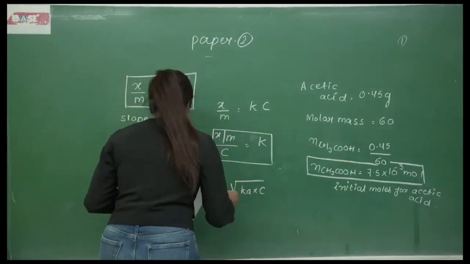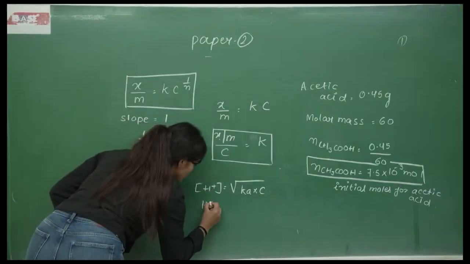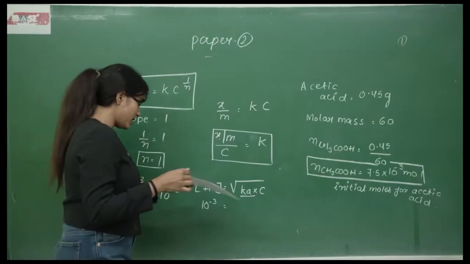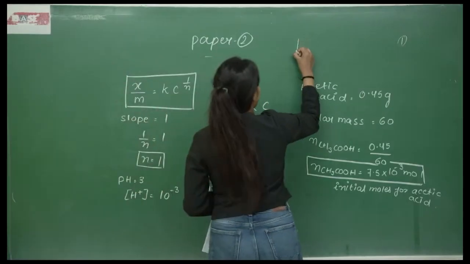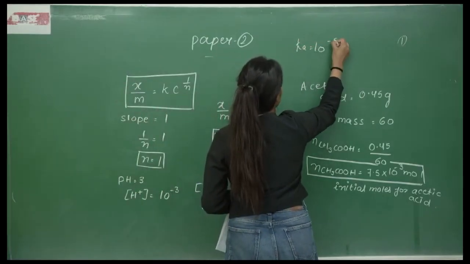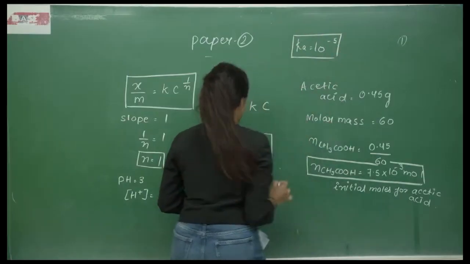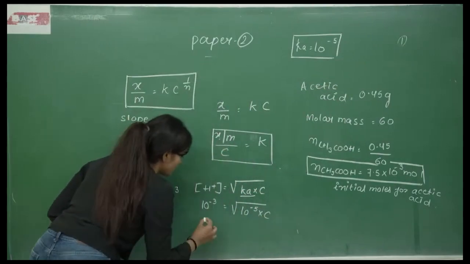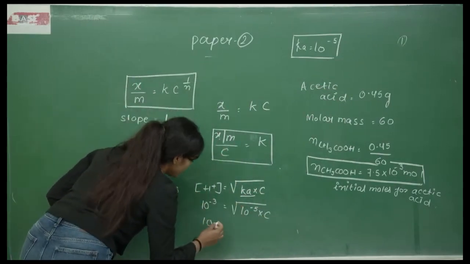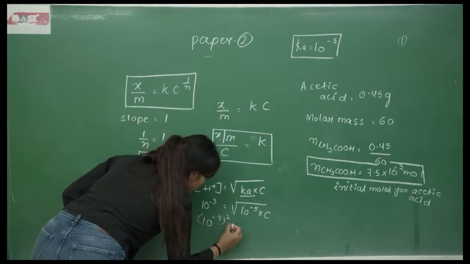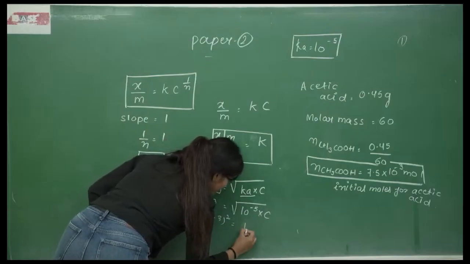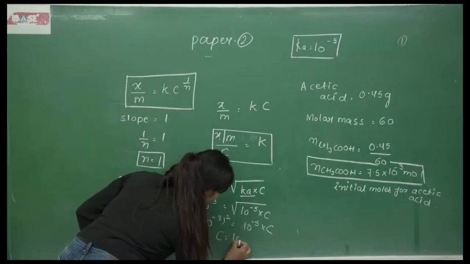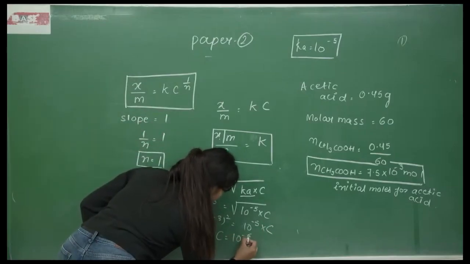Now you can put the value of H+, that is 10 raised to the power minus 3, and we have the Ka value also, that is 10 raised to the power minus 5. So under root, 10 raised to the power minus 5 into C. Taking the root to this side, it becomes a square: 10 raised to the power minus 6 equals 10 raised to the power minus 5 into C. So from this we are able to find the concentration of the acetic acid.